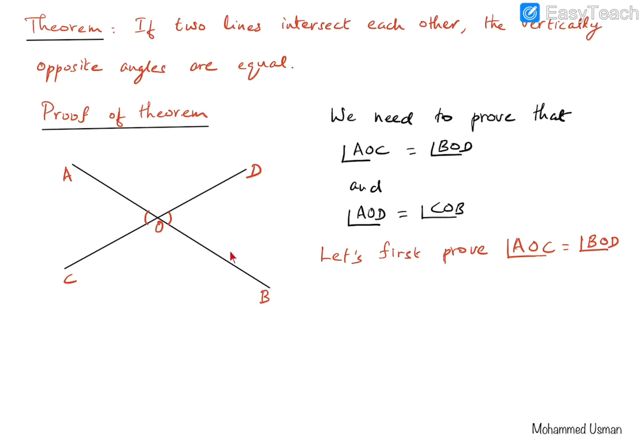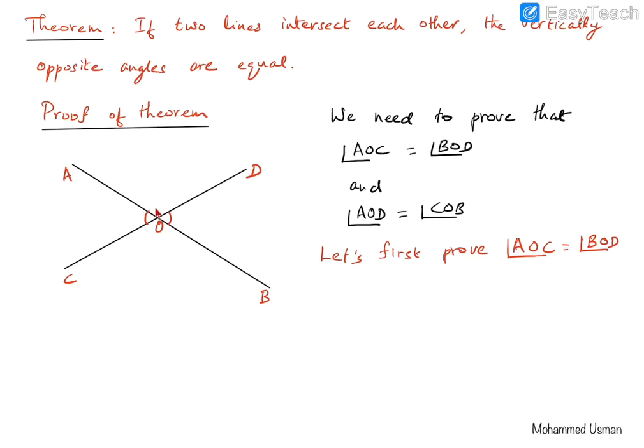So if we have angle AOC, what we notice is the line OA is like a ray standing on the line CD. So if we just cover up the bottom half of this line OB, and if we just consider the figure where you have the line CD, and on that line CD there is a ray OA standing on top of it.